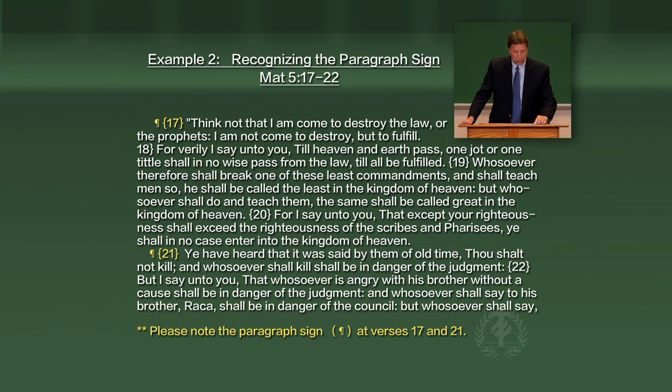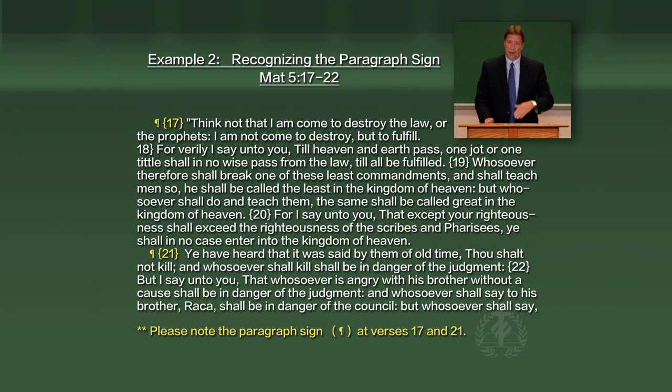Now notice a paragraph sign is not seen again until verse 21. So your paragraph in chapter 5 begins in 17 and runs all the way through verse 20. And then a new paragraph begins in verse 21 and runs all the way through verse 22. So if you were dividing chapter 5 of Matthew into paragraphs, one paragraph would be 17 through 20.